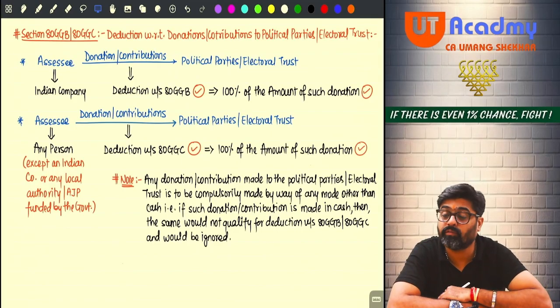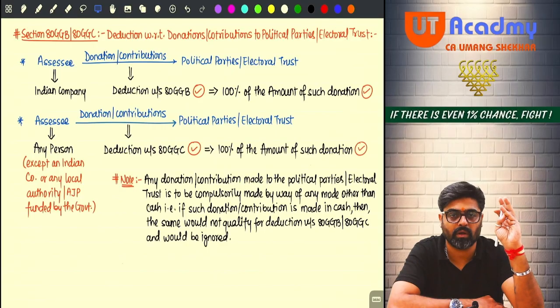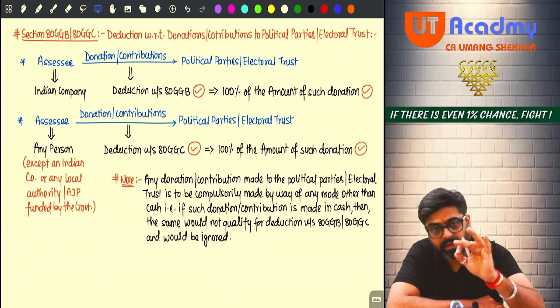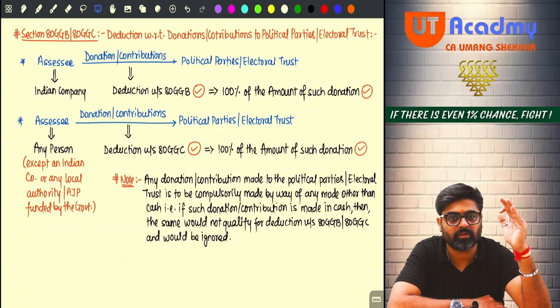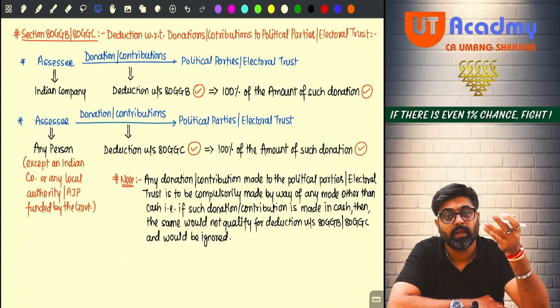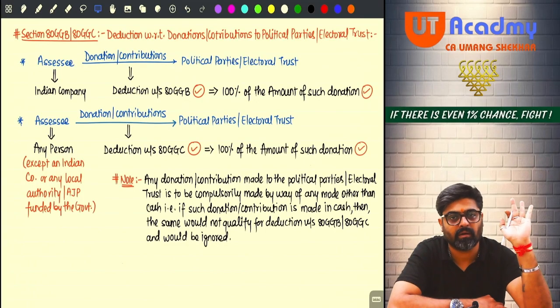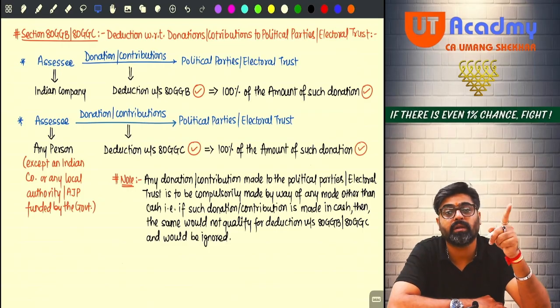But if any AJP or local authority is donating, and they are fully or even partly funded by the government, it is not necessary that they will be fully funded by the government. Even if they are partly funded by the government, that means their funds are coming from the government, then such type of AJP or local authority cannot claim the deduction under 80GGC.